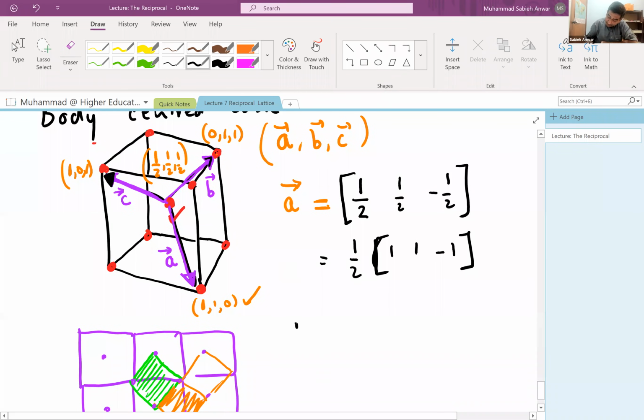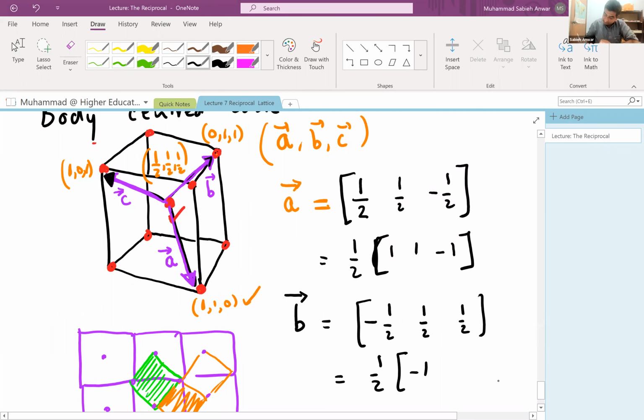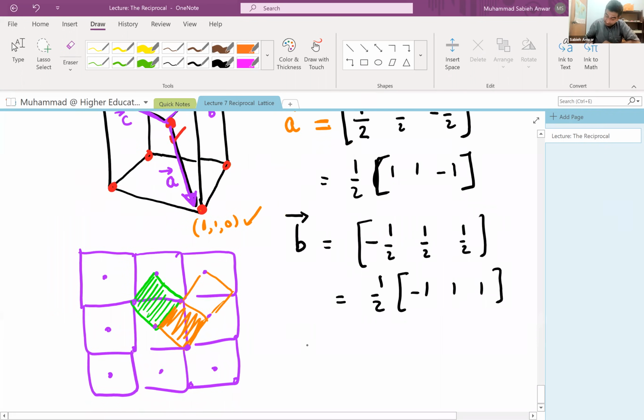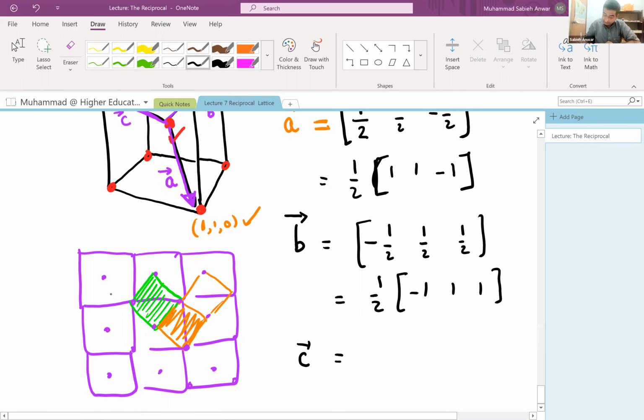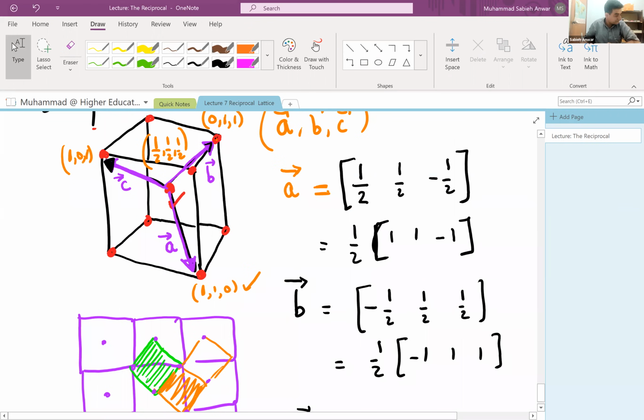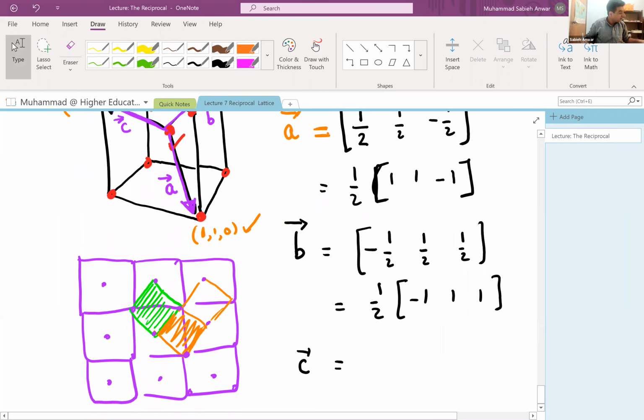Likewise, I can define vector B. My vector B is going to be 0 minus half is minus half, 1 minus half is half, 1 minus half is half. And my vector C likewise, I just write down the result, is going to be half, minus half, half.